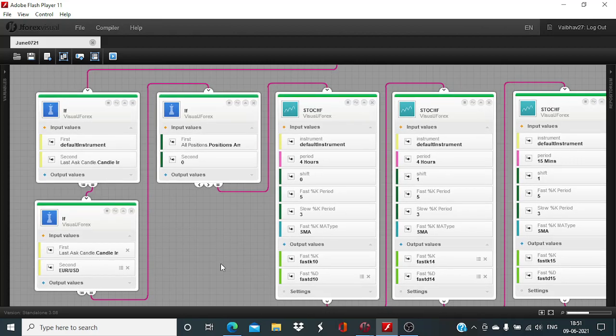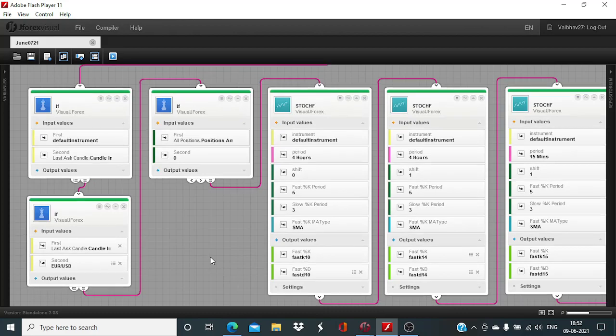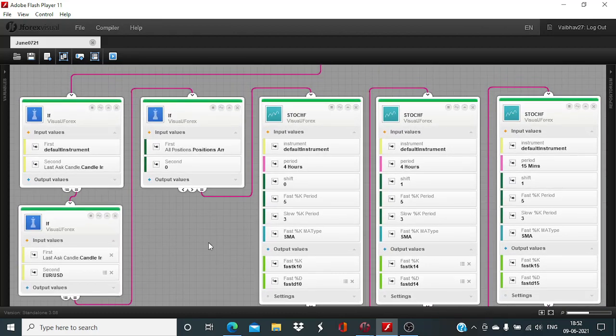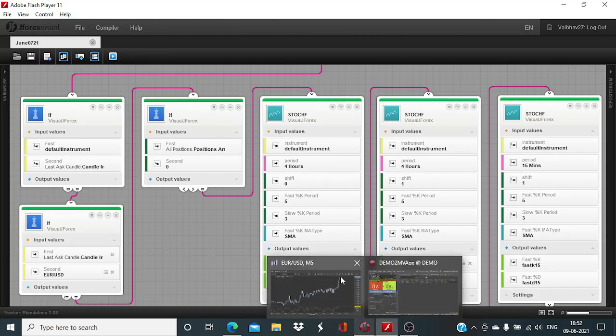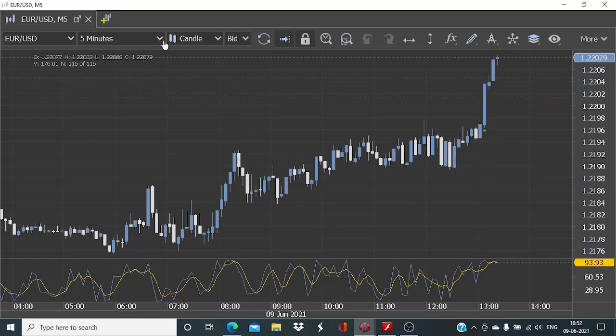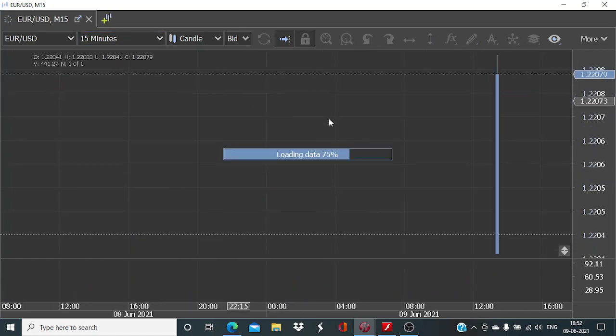So the condition should hold good on both sides, and that's the logic behind keeping the formation symmetric. Now I will give you a brief idea of the logic behind the execution of the trade.